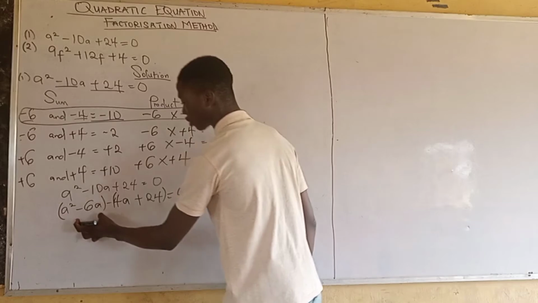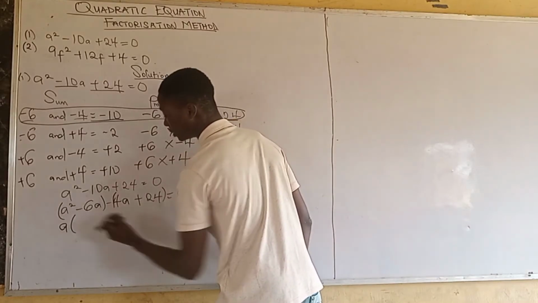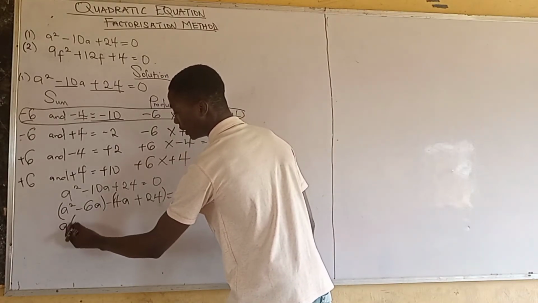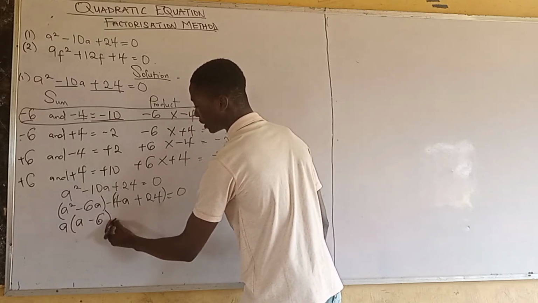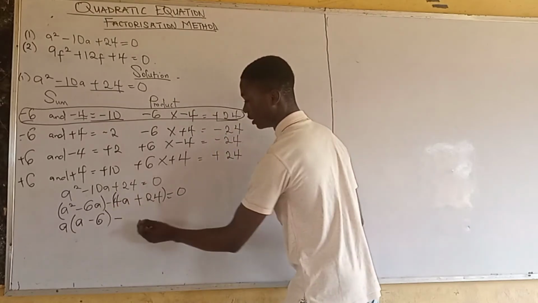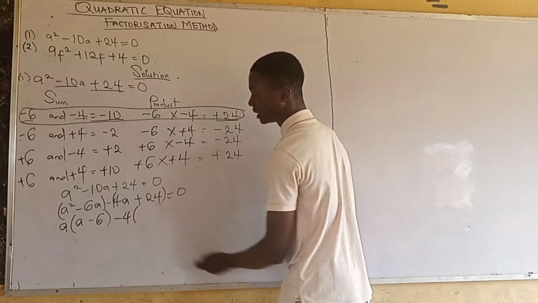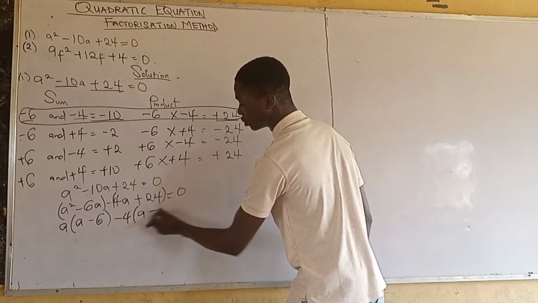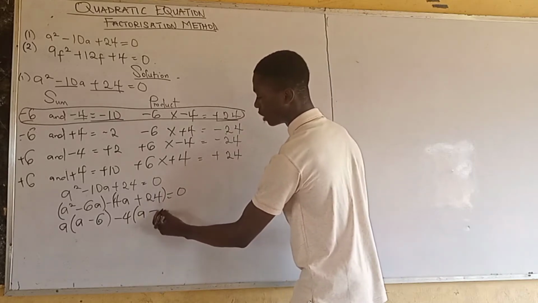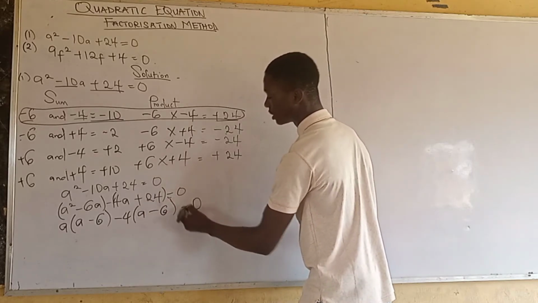Something is common here: a. If you remove one a, you have a, and what remains is minus 6. Then something is common here, which is 4. Remove 4 here, you have a, and minus times plus gives minus, and remove 4 here, you have 6, equal to 0.